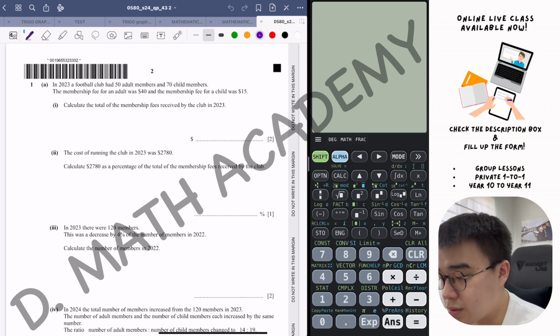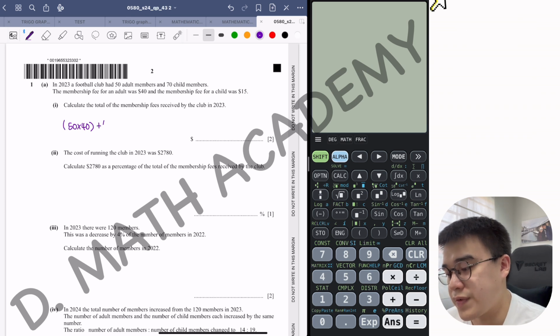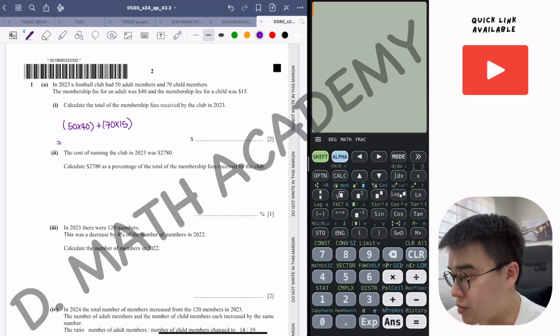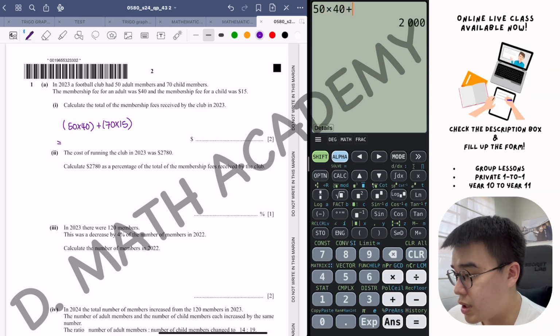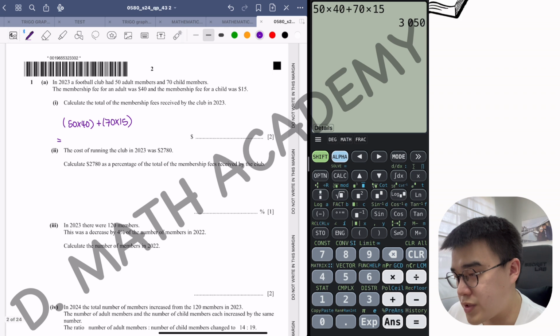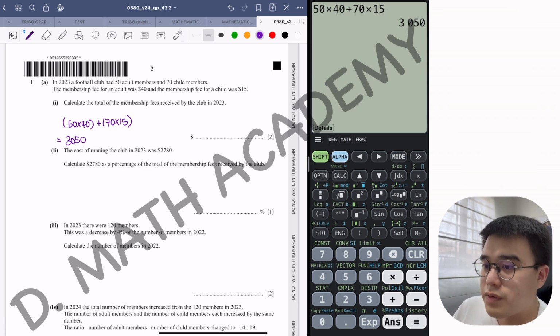Just multiply it out: 50 times 40, alongside 70 times 15. By combining these two, you should be able to get your answer as 3050. So this is the first part of the results.